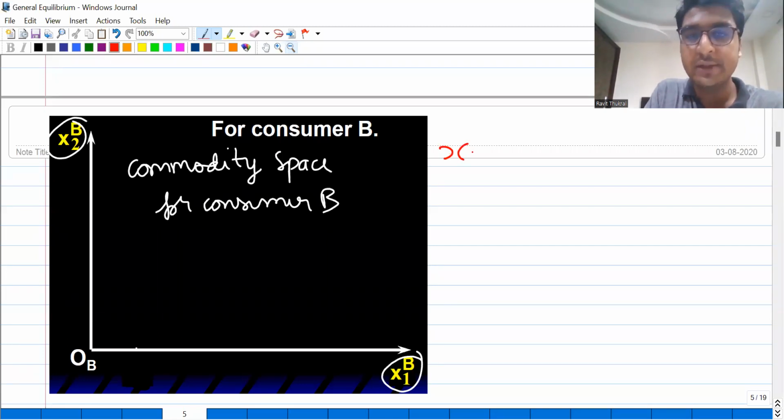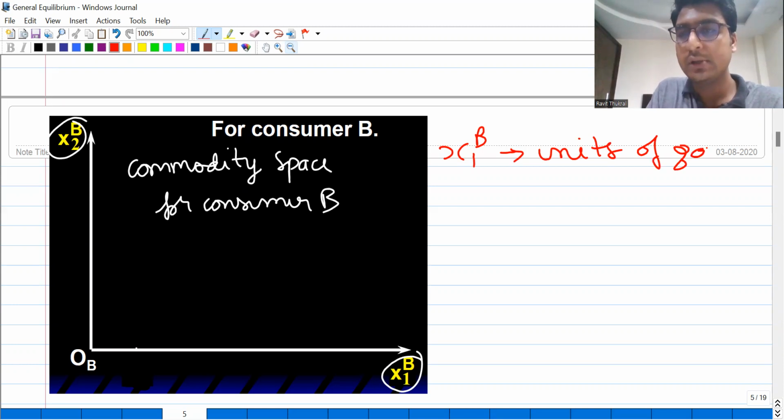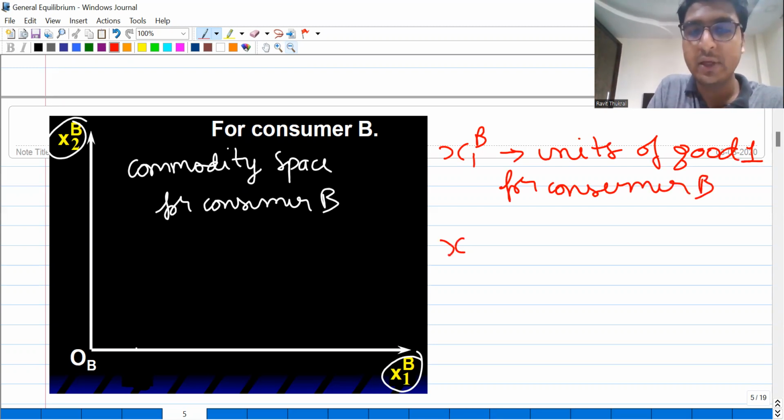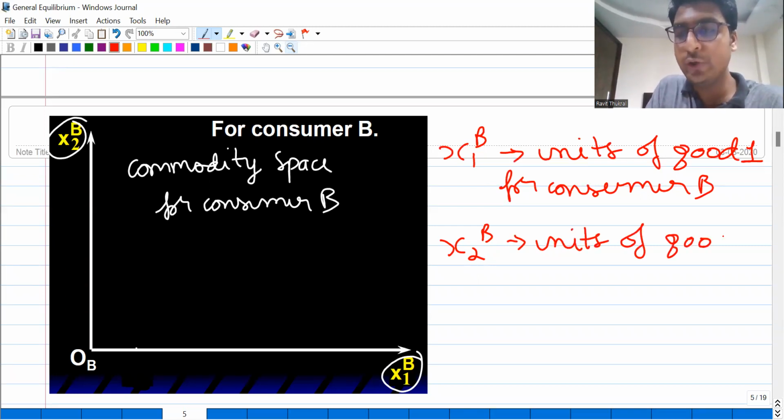So x1B is units of good 1 for consumer B, and x2B is units of good 2 for consumer B.